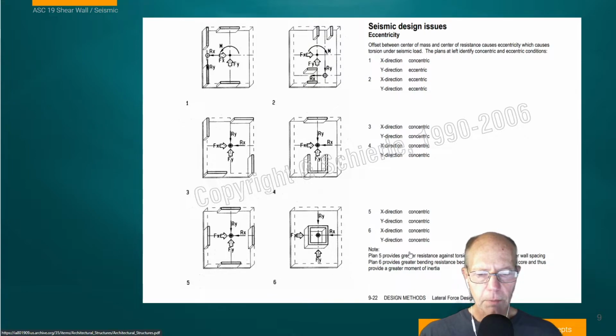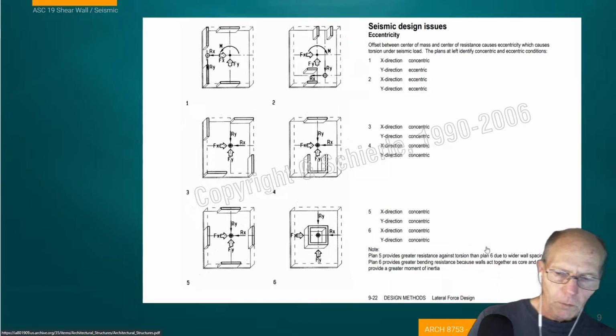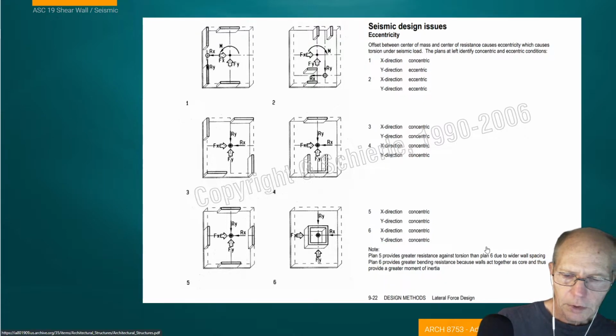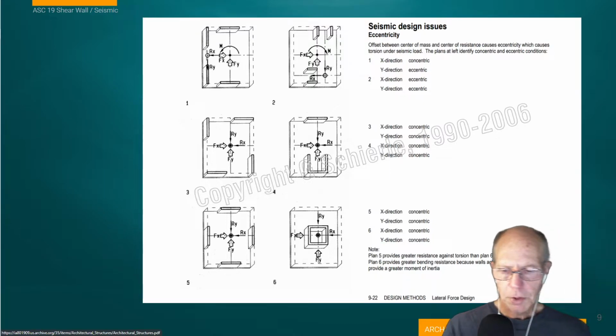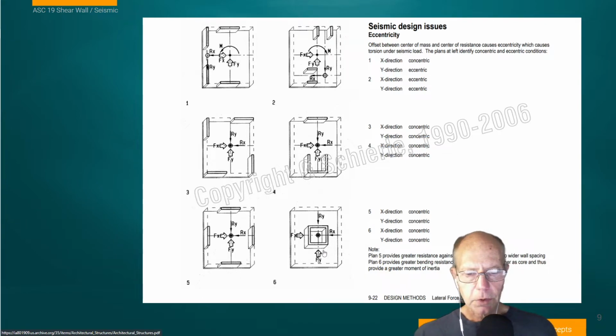They outline putting the shear walls on the outside to resist torsion, or twisting, within the building. Or having the shear walls in a configuration like an elevator core, which gives greater bending resistance because, and let me move my head, walls act together as a core and thus provide greater moment of inertia. So greater bending resistance.